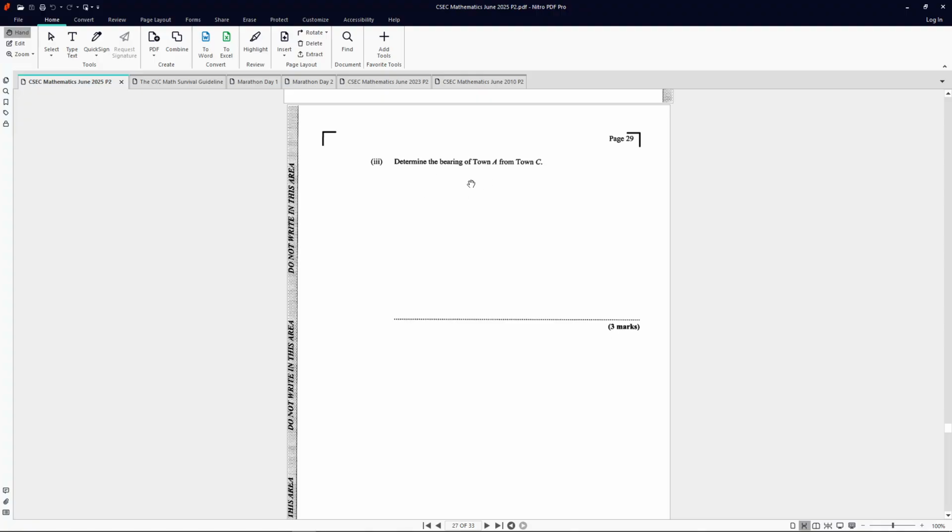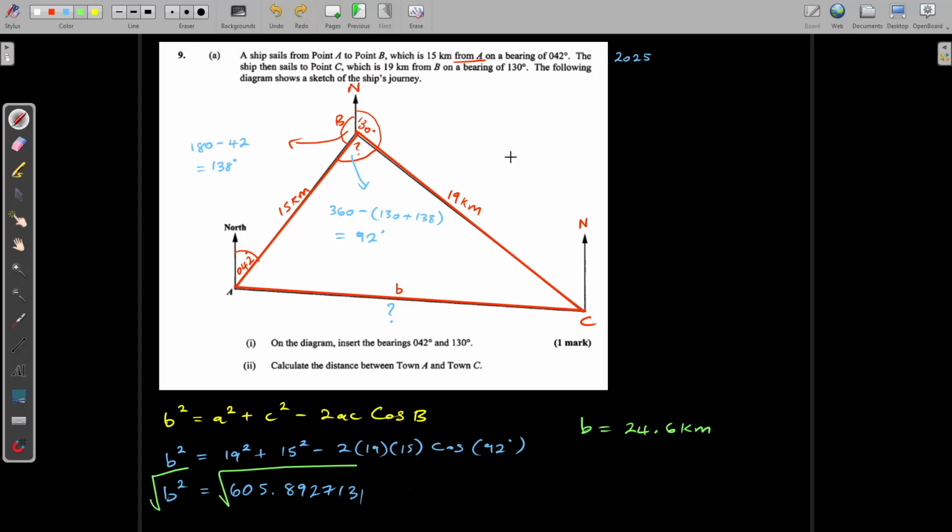So now they want us to determine the bearing of A from C. So if we're starting at C, what do we need to do? So they want us to tell them the bearing of A from C. So we're starting at C. What did we say about the bearing? How do we draw it?